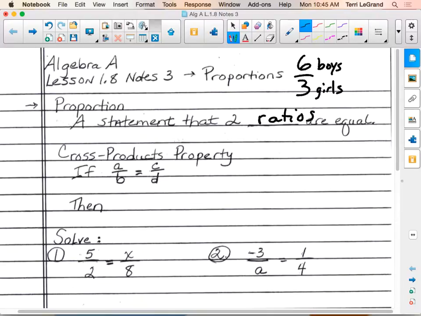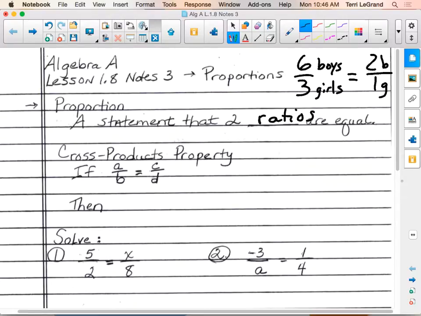For every 2 boys, there's 1 girl. So those mean the same thing. We can set them equal to each other, can't we? 6 over 3 is the same as 2 over 1. They both mean the same thing. So now we have a proportion. When we say a fraction equals another fraction, we have a proportion.